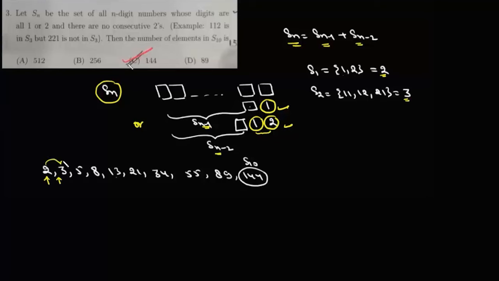Now S1 plus S2 is S3, which is 5. 5 plus 3, 8. 5 plus 8, 13. 13 plus 8, 21. 21 plus 13, 34. 34 plus 21, 55. 34 plus 55, 89. And 89 and 55 is 144, which is basically your S10, and that's your option C.